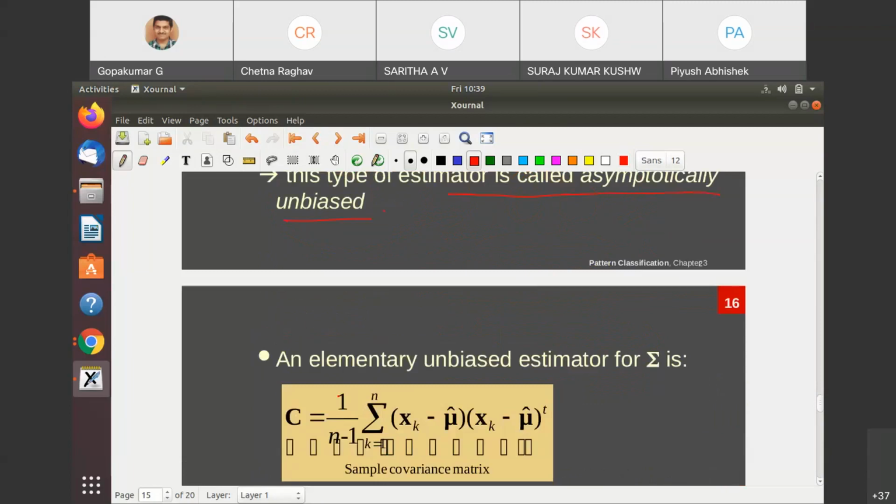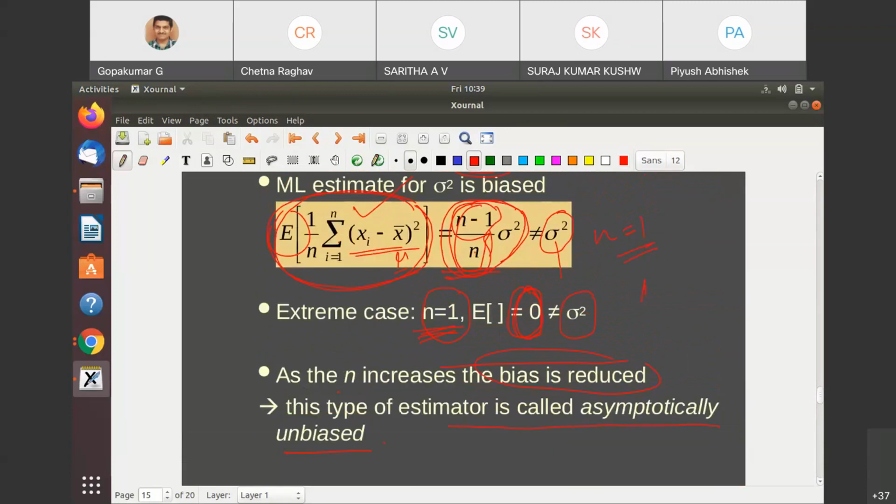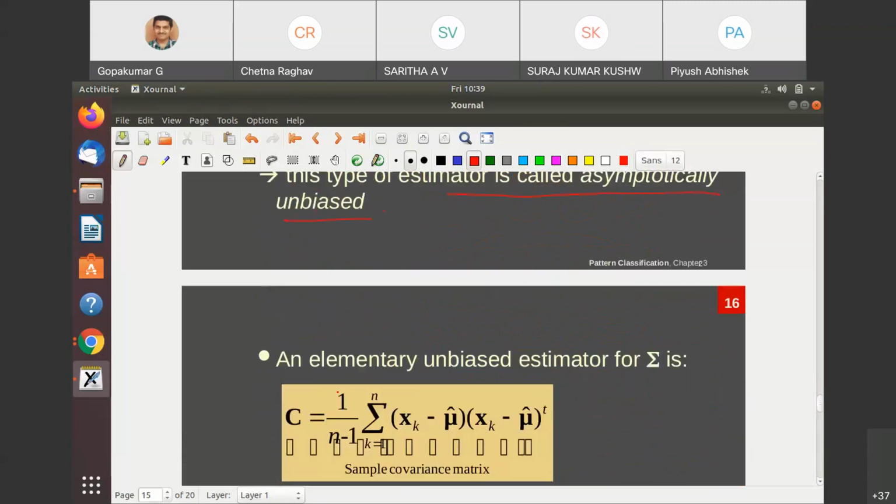Similarly, you might have seen the equation for the variance. Generally, we'll be seeing an equation of 1 by (n minus 1) into this particular form. If we have this kind of expression, then usually that n minus 1 will cancel out with the n minus 1 coming at the numerator, so that you get the exact value.